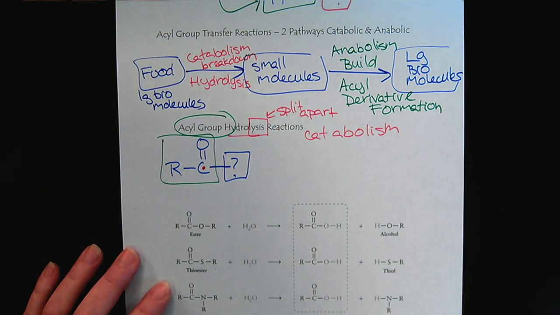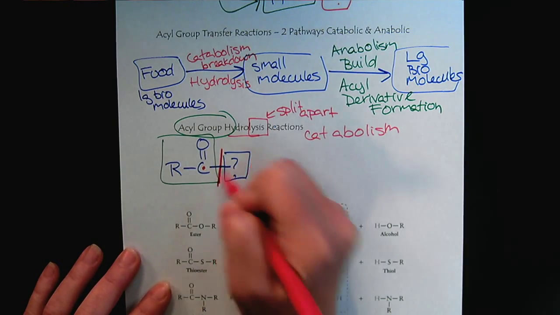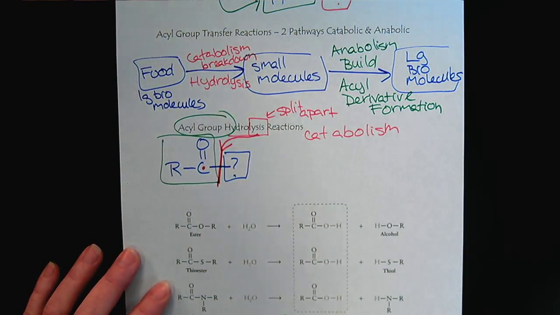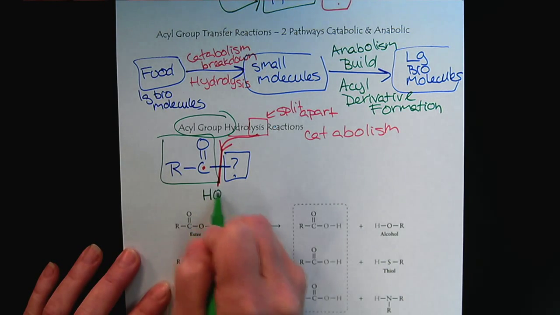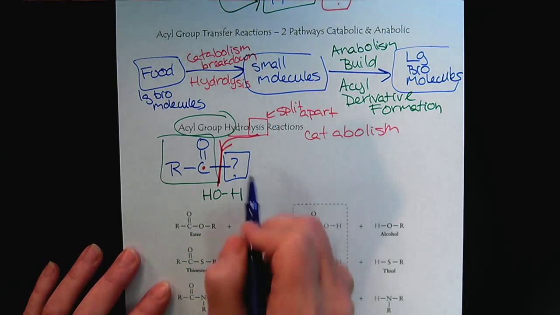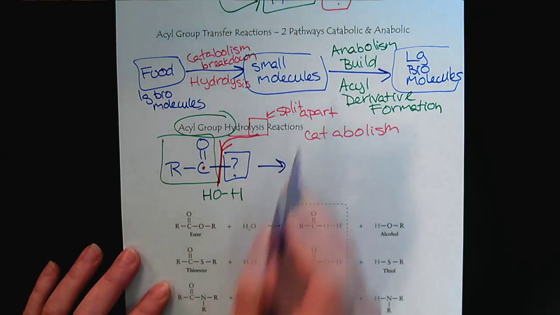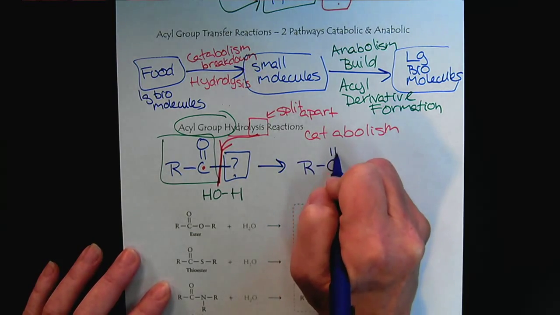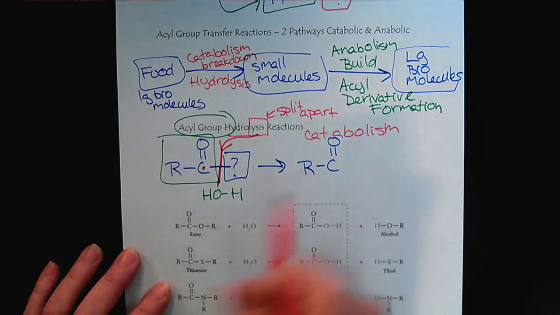The hydrolysis reaction is going to come in and split this bond right here. This is where the water will come in and rip apart these large molecules, breaking them down into small molecules. We call this an acyl group transfer reaction because the acyl group stays together.